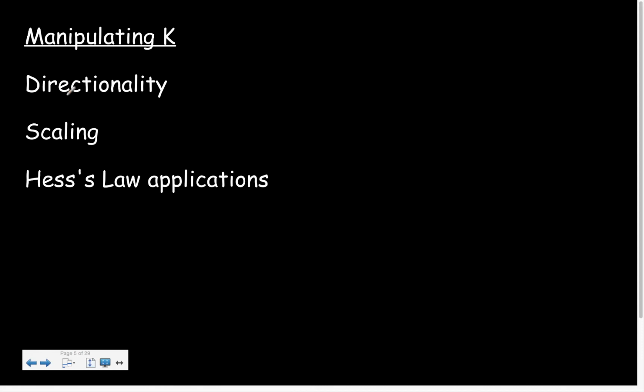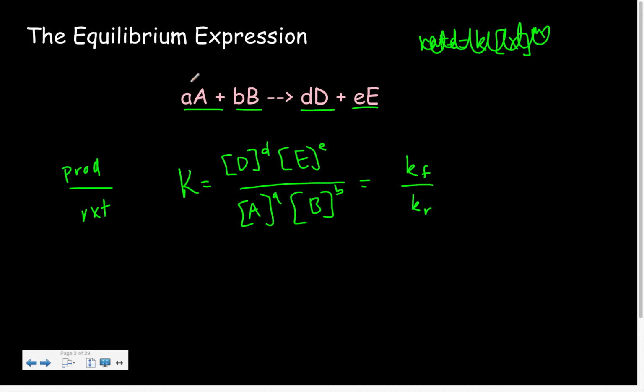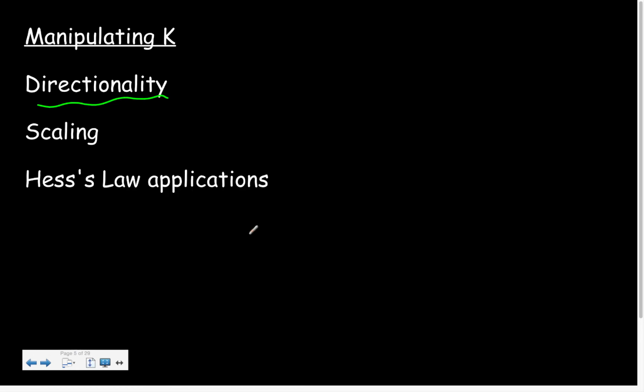Okay, now, once we have a K value, we can obviously manipulate our equation to manipulate our K. So for directionality, we just said reactions can go forward and backwards. Ks are always for the reaction as written. So going back here, the K for this is based on this as written. If we wanted to flip our reaction, we would have to flip our K, yes?